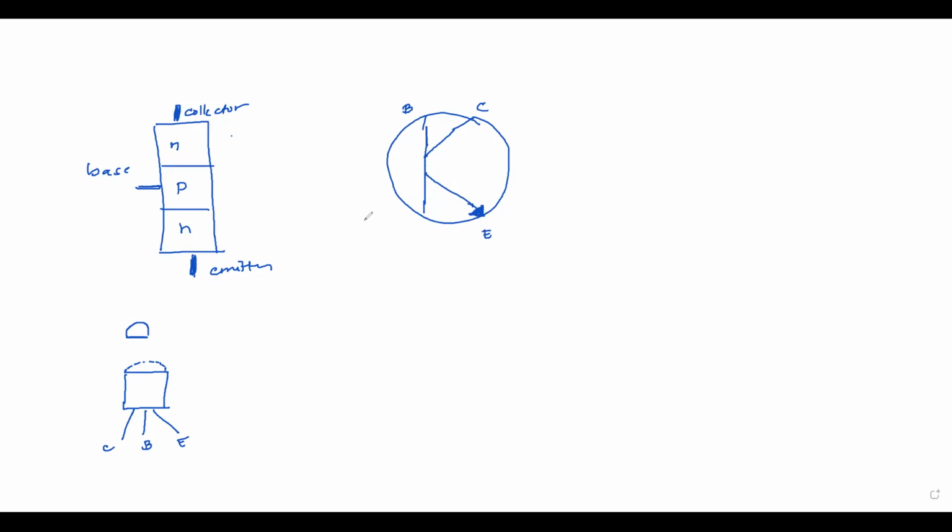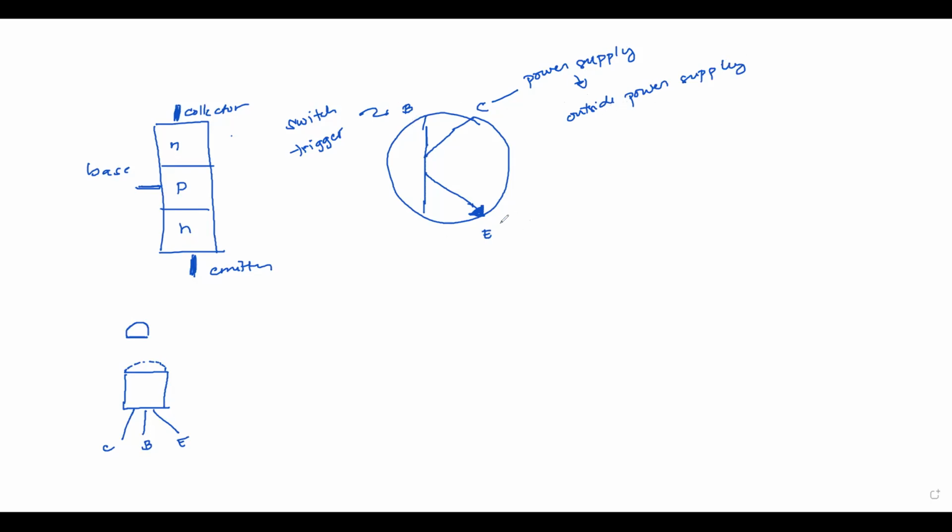Now, where are we connecting the base, the collector, and the emitter? Your base is usually your switch, or usually your trigger. Your collector is usually connected to a power supply. Typically, the power supply is an outside power supply or a different power supply from your base.